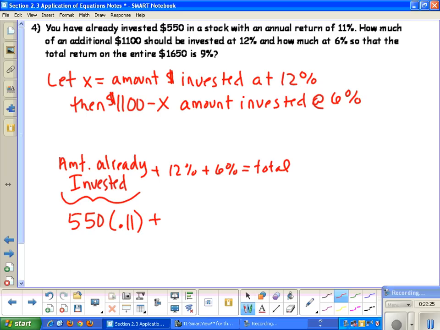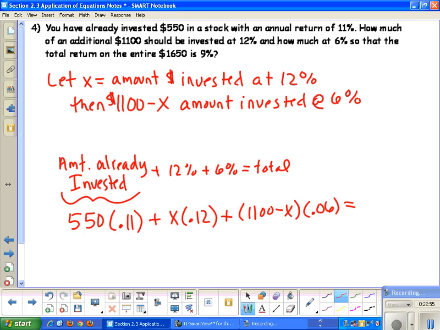And then for 12%, we're using x, so we have x times 0.12 plus 1,100 minus x times 0.06, because that's the 6%, equals the total. So now how do we figure out what the total is going to be? Again, it says the total return on the entire 1650 is 9%.